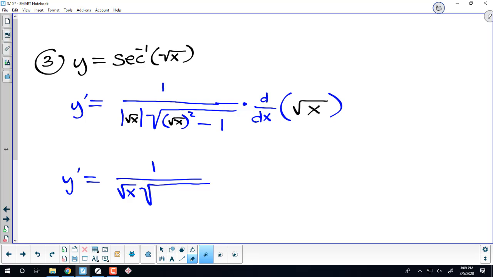x. How do we know it's just x and not the absolute value of x? It's under the square root, meaning x has to be what? Positive, right? x is already a positive number by implication that it's the square root of x. So this implies that x is larger than or equal to 0 already.